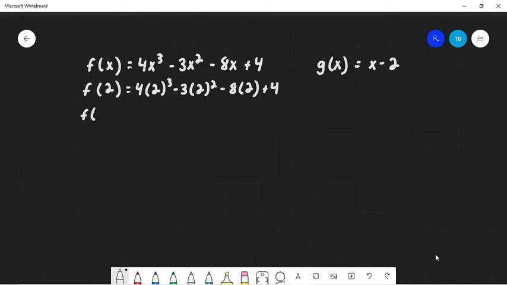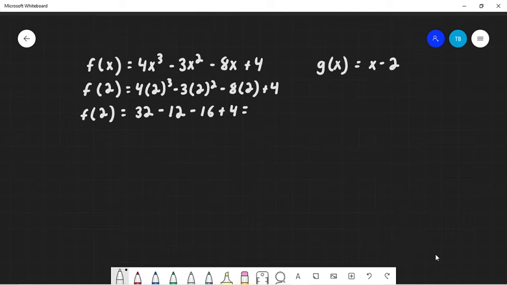So f of 2 equals 2 cubed is 8 times 4 is 32 minus 2 squared is 4 times 3 is 12 minus 8 times 2 is 16 and then plus 4.